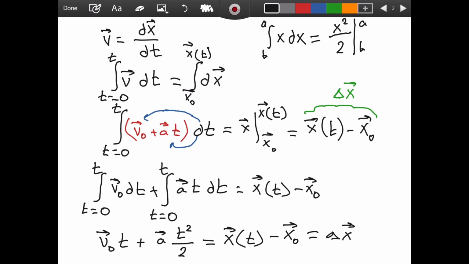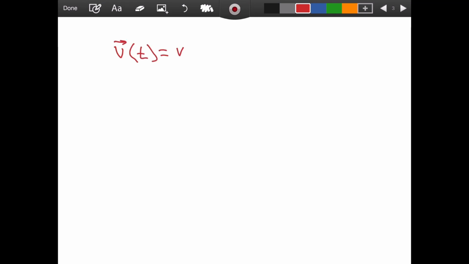And here, as I said, this is delta x. So we actually found a formula for displacement as well, which I want to state on a new page. Actually, I want to state all the formulas that we found on a new page. So we found one for velocity at any time, which says you have v naught plus the acceleration times time.